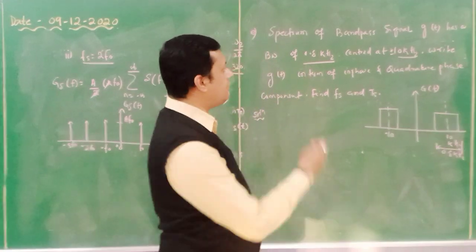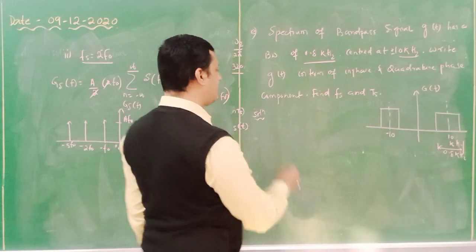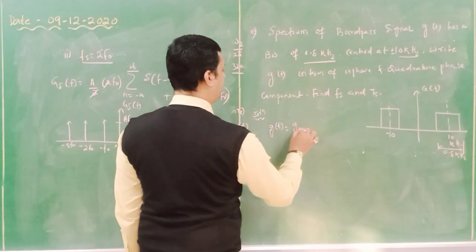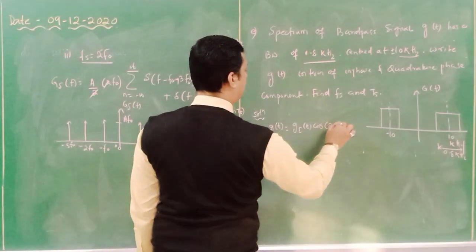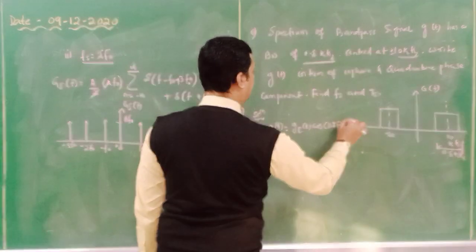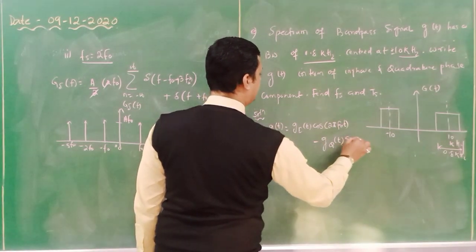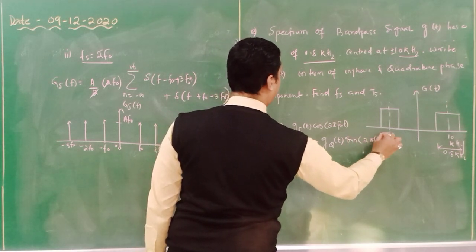Then I need to represent this one in terms of in phase and quadrature phase. How we will represent? G of t is equals to G I of t cos of 2 pi f naught t minus G Q of t sin of 2 pi f naught t.